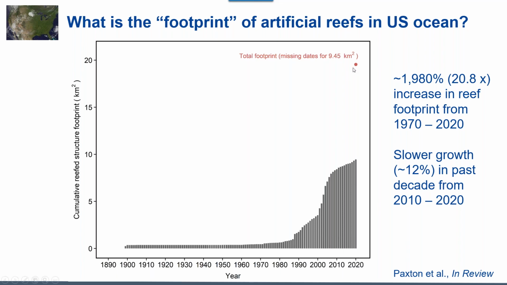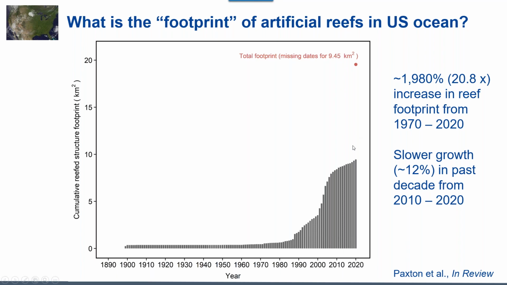I do need to point out a big caveat of this particular time series plot, which is that I told you in the last slide we have approximately 19 square kilometers of reef footprint, but here I'm showing you just about 10. That is because for about 9 square kilometers of reef structures, we do not have known dates for when those structures sank, or were intentionally sunk, I should say.